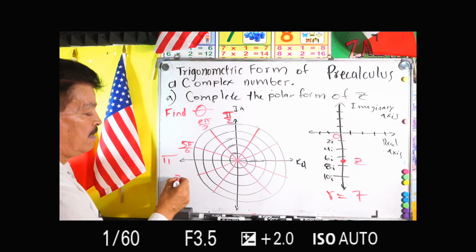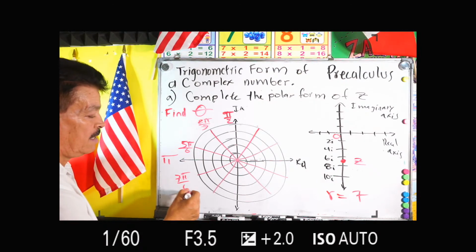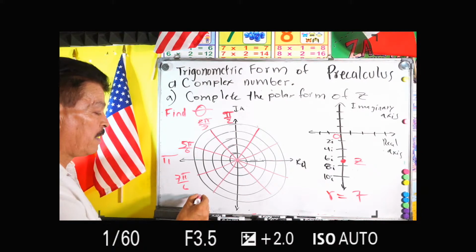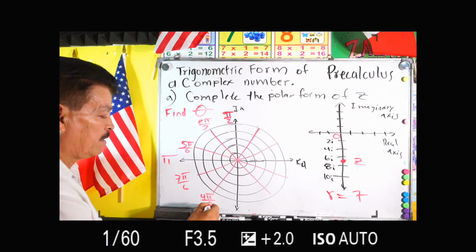Here is 7 pi divided by 6. Here is 4 pi divided by 3.